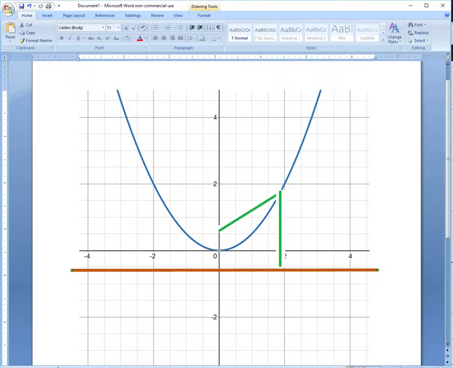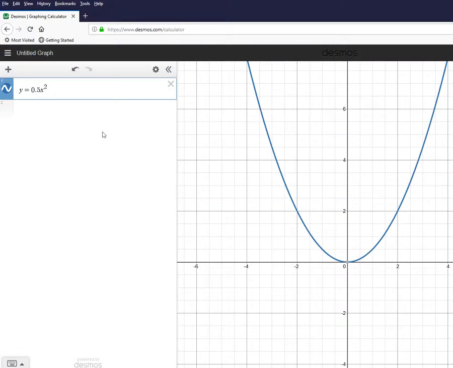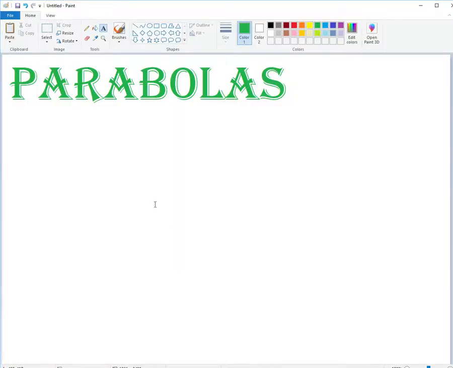Now remember, our formula for this shape was y equals 0.5x squared. Now if I go back to the equation that I gave you last time, it said that for a vertical parabola like this, your equation should be 4cy equals x squared.